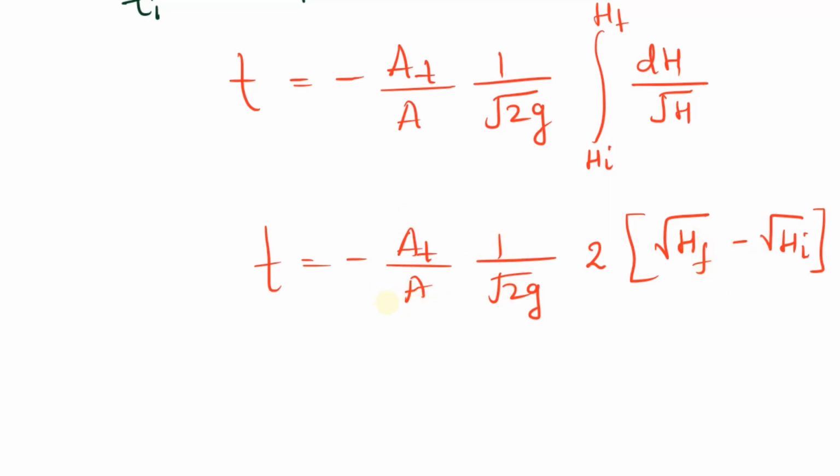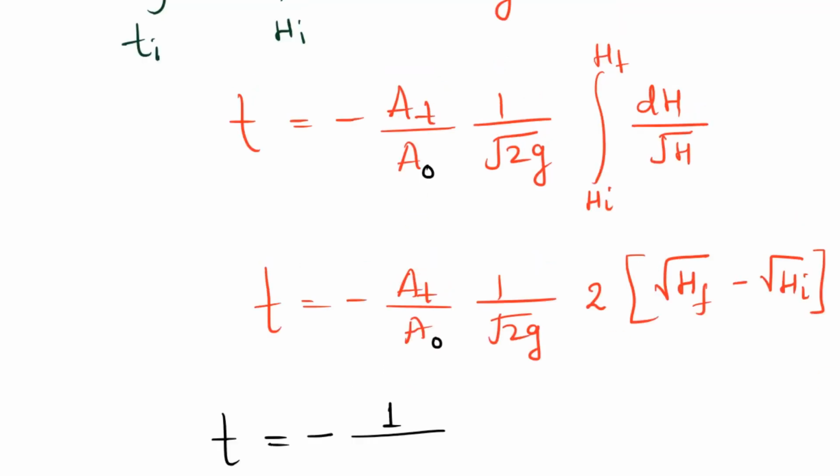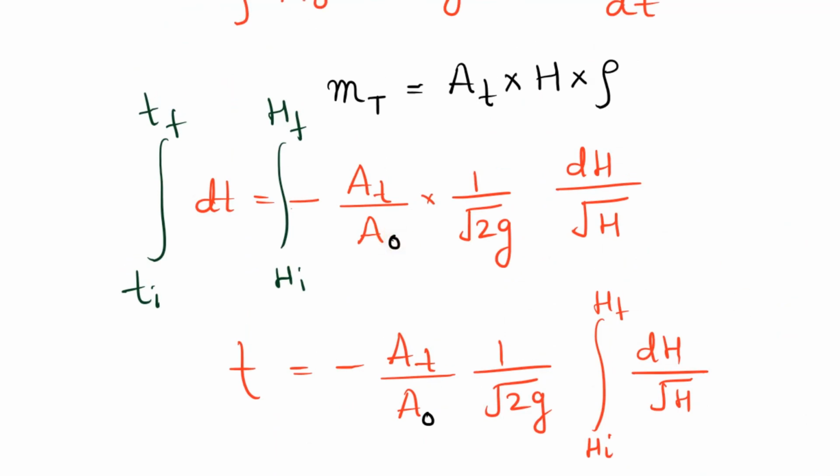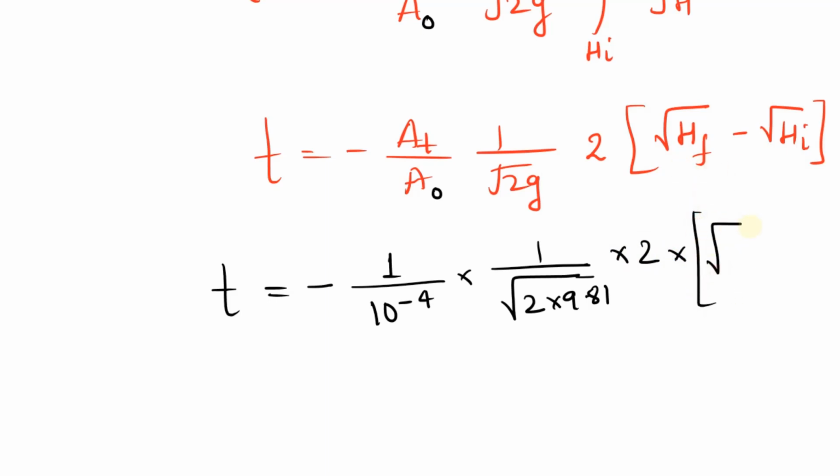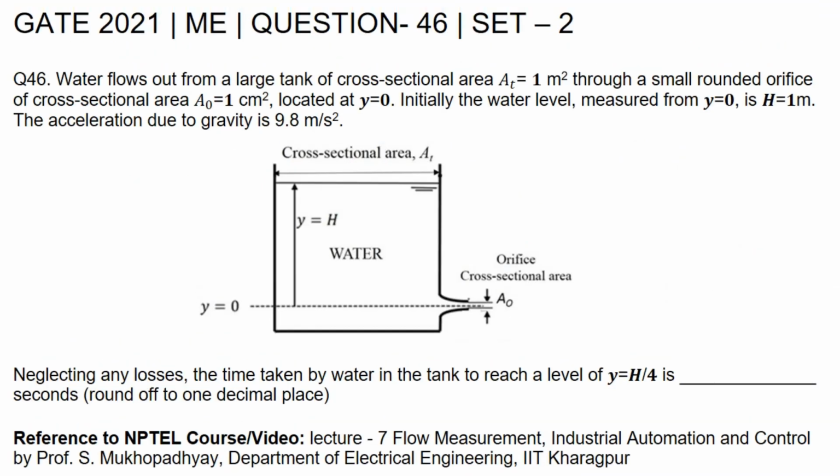So let's substitute all these values. The time taken T will be equal to negative of AT, which is given in the problem as 1 meter square, over A naught, the orifice cross-sectional area, which is given in the problem as 1 centimeter square, that is 10 to the power of minus 4 meters square, into 1 upon square root of 2 into 9.81, into 2, into square root of HF minus square root of the initial height.